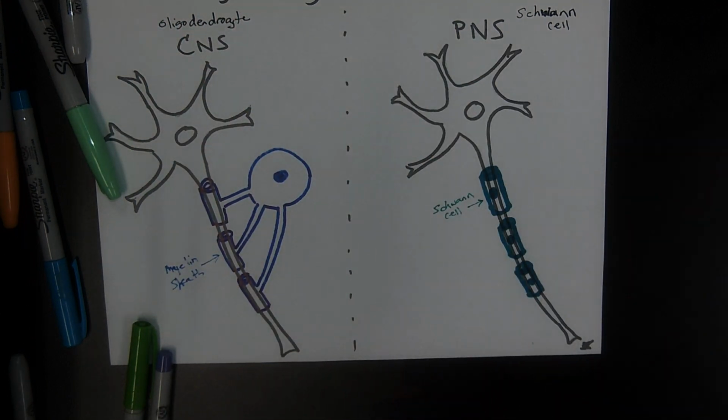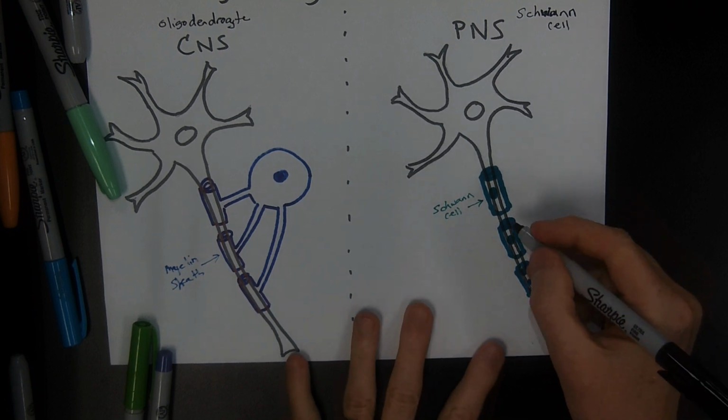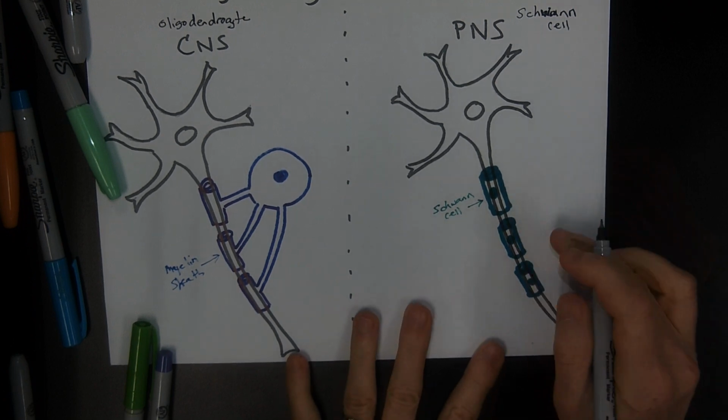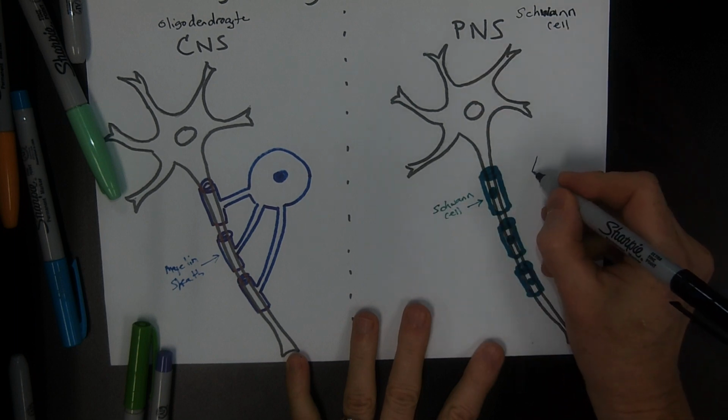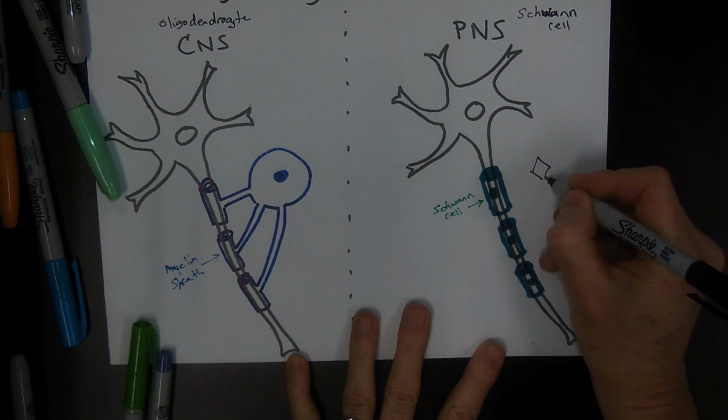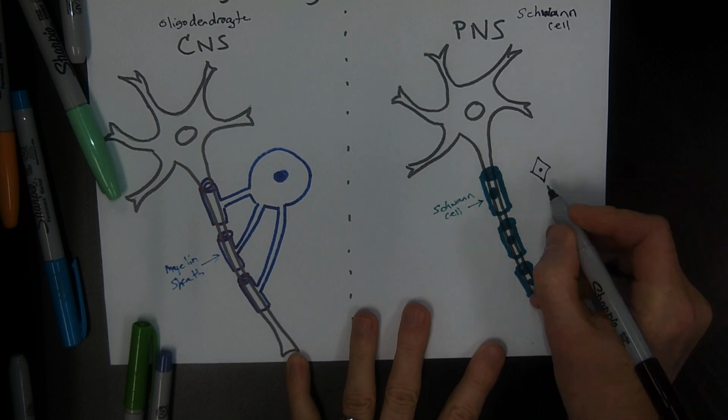And then there's one more kind of cell that helps support neurons in the PNS. It's only in the PNS. And I'll just draw a little, this is just a supporting cell. It's called a satellite cell.